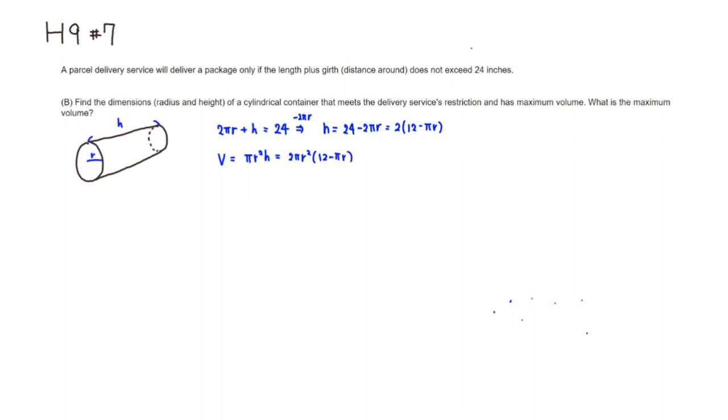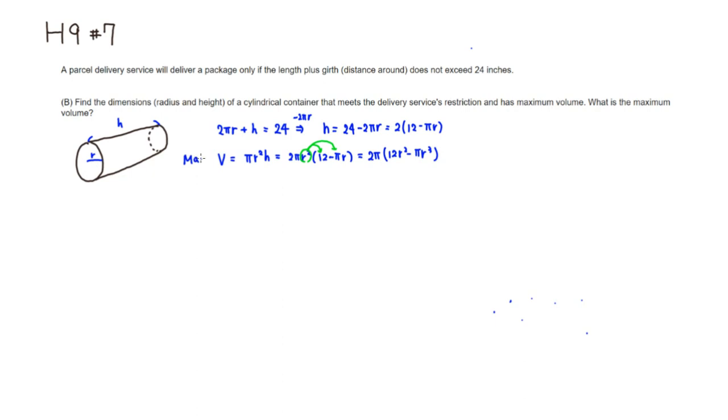Since I don't want to do the product rule, I'll distribute the r squared: 2 pi times 12r squared minus pi r cubed. That's the volume function, and we want to maximize it.